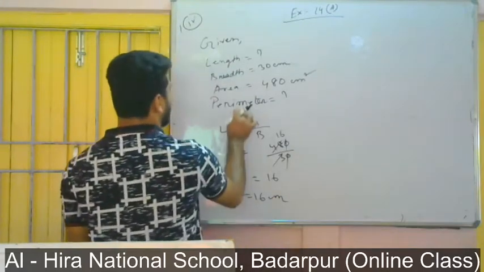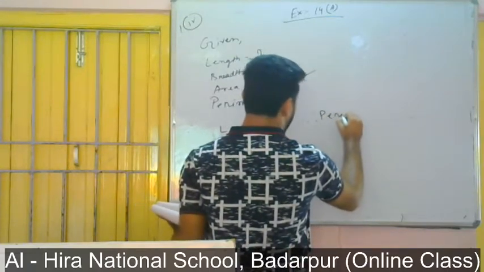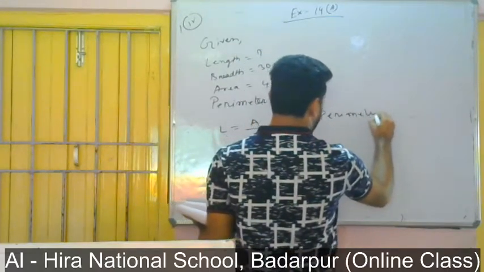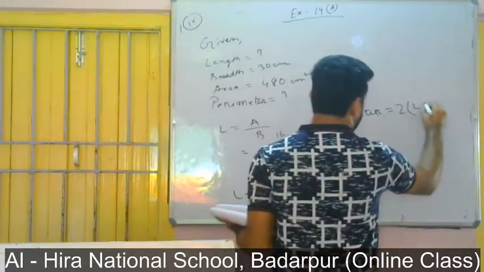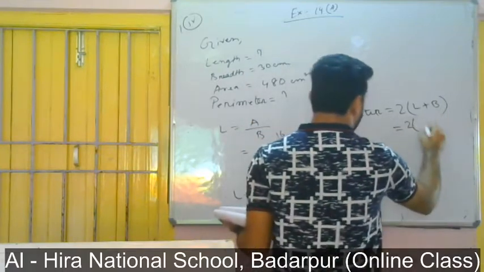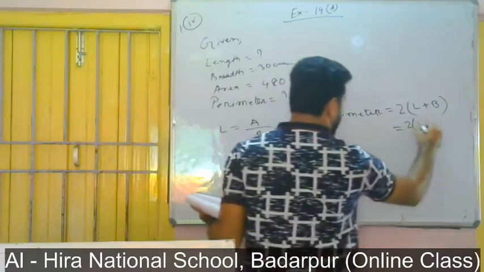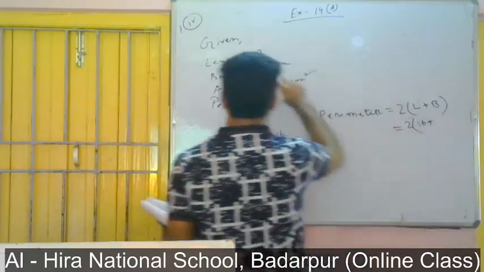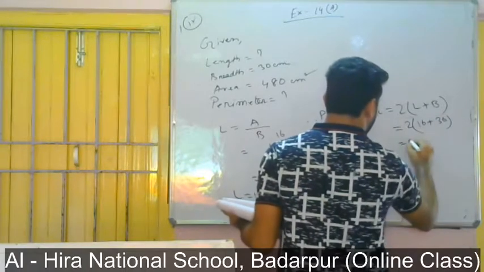Now you can find the perimeter. Perimeter equals 2 into (L plus B). In place of L I will write 16. So 16 plus B, which is 30. Then you add, and you will get the answer.